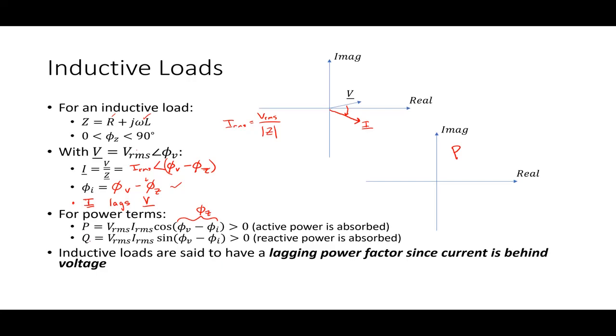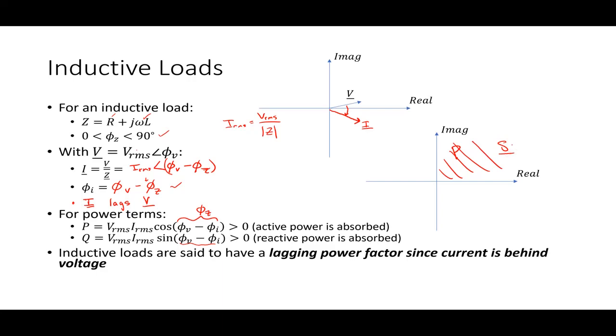My Q equals V RMS I RMS sine of phi V minus phi I, which is phi Z. Because that angle is between 0 and 90 degrees, my Q is also positive. So my complex power S is always in the first quadrant.